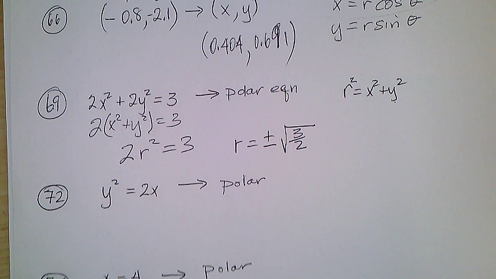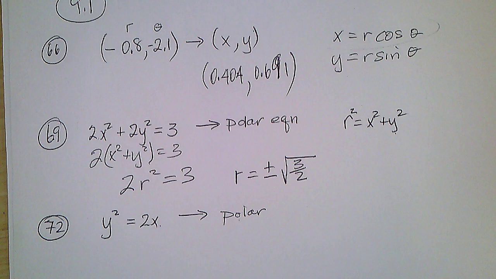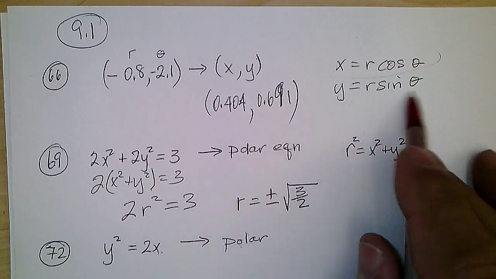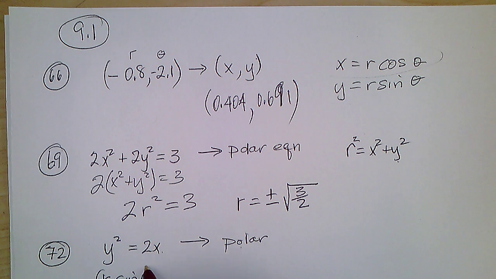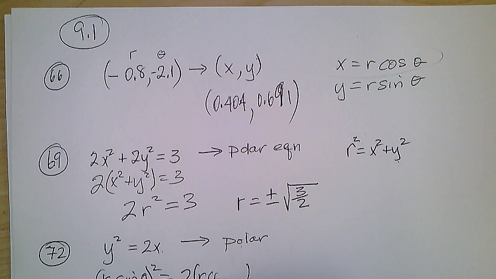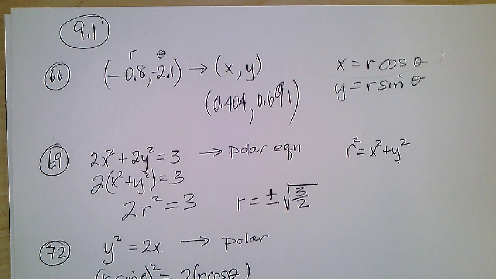All right, now we got another one with x's and y's to change to polar. Well, y squared is r sine theta squared equals 2x, which is r cosine theta.